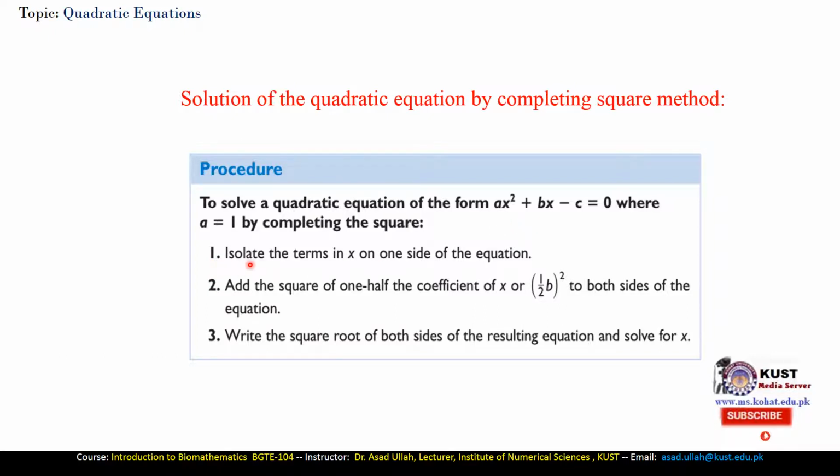In step 1, isolate the terms in x on one side of the quadratic equation. Step 2, add the square of 1/2 of the coefficient of x, that is, add (1/2 b) whole square to both sides of the equation. In step 3, take the square root of both sides of the resulting equation and then solve for x.